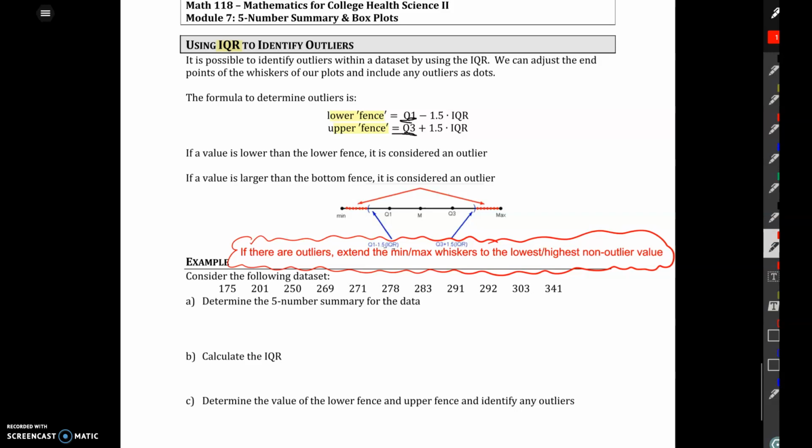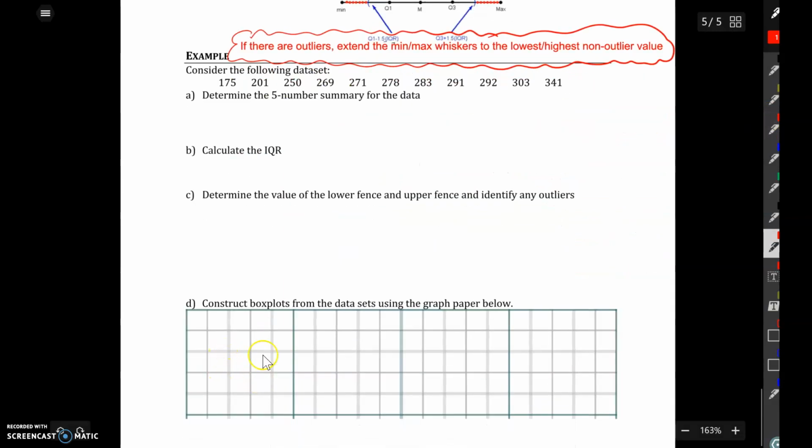Okay, these rules might seem a little bit weird spelled out as they are, so let's follow this up with an example that'll hopefully help illustrate the point. So we have a data set given to us and it's been ordered to help us through the process. The first thing we're going to do to draw our box plot is figure out our 5-number summary. So we're going to count the number of values we have: 1, 2, 3, 4, 5, 6, 7, 8, 9, 10, 11, and find our minimum value that's given, 175.